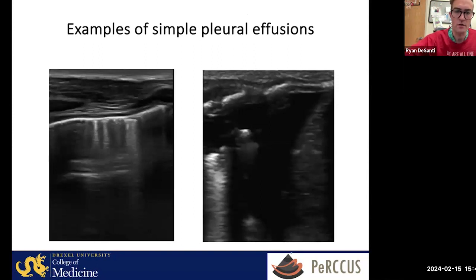And so these are just 2 examples of simple pleural effusions. Again, the simple pleural effusion is an anechoic collection of fluid external to the lung, which separates the visceral and parietal pleura. There's a small one here, and then a small one here on the right side.